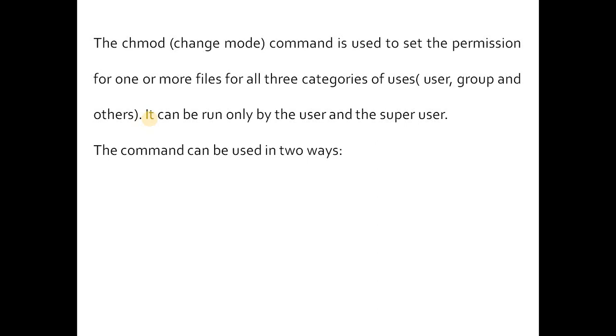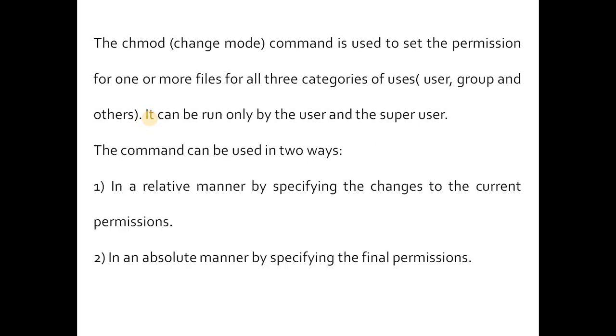The command can be used in two ways. In a relative manner, by specifying the changes to the current permissions, and second, in an absolute manner, by specifying the final permissions. Now we shall see each in detail.